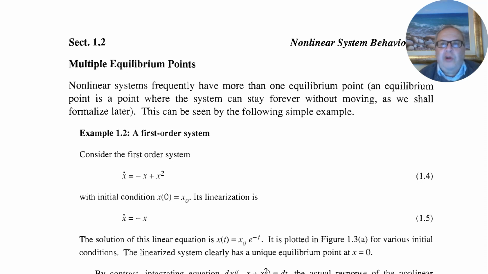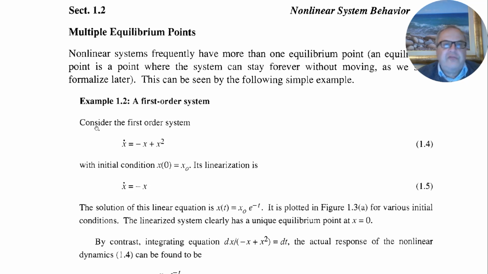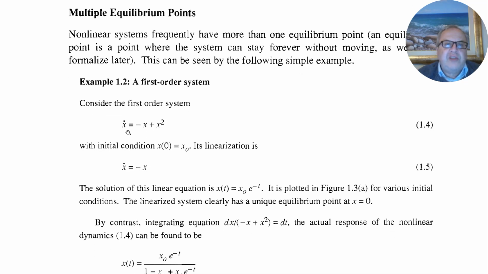So in a linear system you have one equilibrium point, but for nonlinear systems you can have multiple equilibrium points. How can we see this? Let's see a simple example.